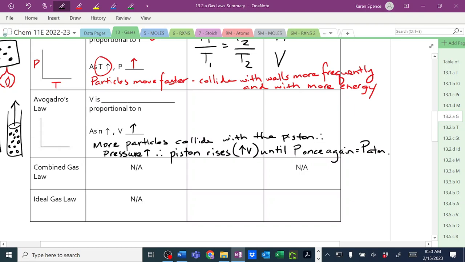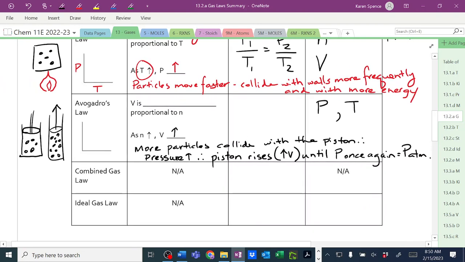I know it does change initially, but then it eventually evens out. So pressure is staying constant, N is not staying constant. So what's the other thing that must be staying constant here? Temperature. And volume is directly proportional to N. So as we increase N, our independent variable, the volume will increase.